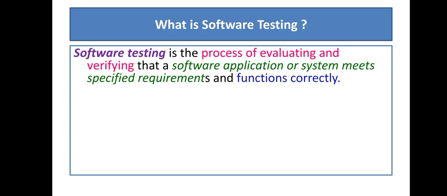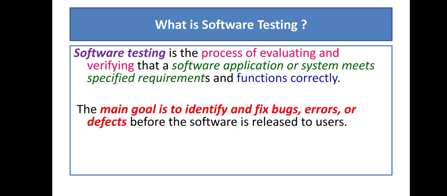If it meets the specified requirements of the customer, in the sense that it is functioning correctly, that we have to verify. For doing this, we have to identify the defects. The ultimate aim of software testing is not just identifying the defects, but meeting the customer requirement.